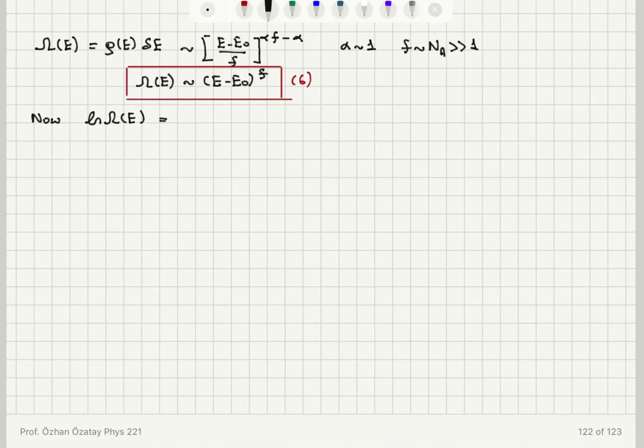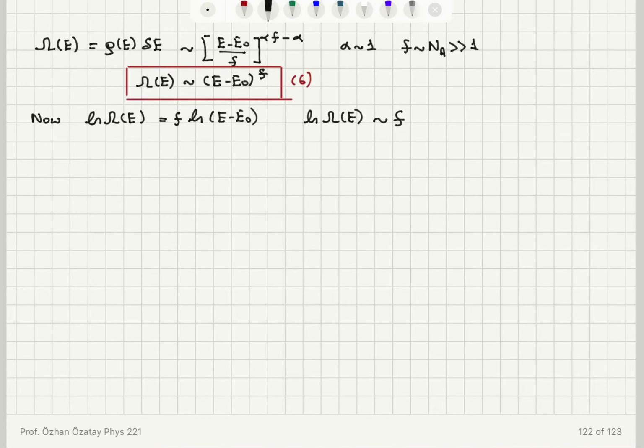This will be equal to f times the natural logarithm of E minus E0. So it will be scaling like this. And therefore, you will see that the natural logarithm of the number of accessible states is scaling with f.